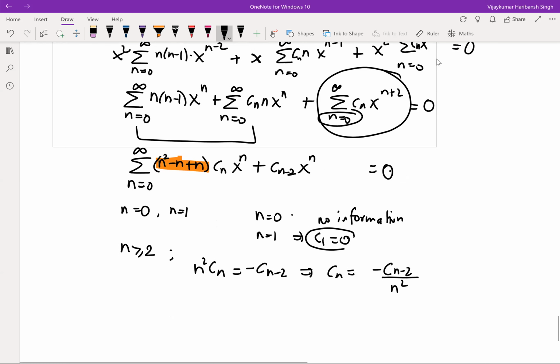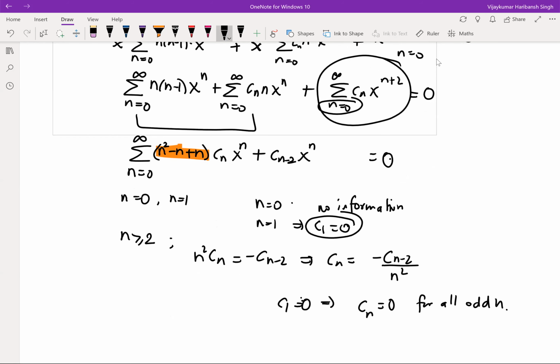Now since C1 equals 0, this implies Cn equals 0 for all odd n. So now we get C2 equals minus C0 by 2 squared.